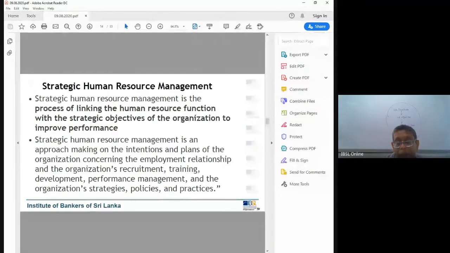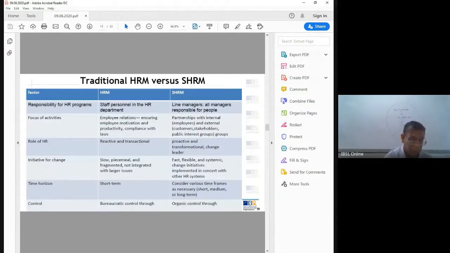Clear? Okay, right. I think you understood that, right? So strategic human resource management is an approach based on the intentions and plans of the organization concerned, providing all these important things. That is why today we consider HR as strategic human resource management.